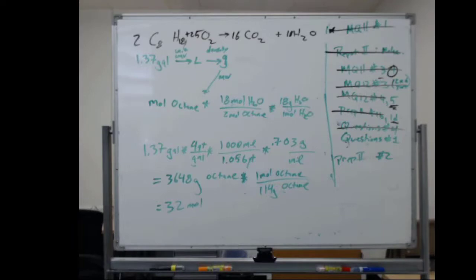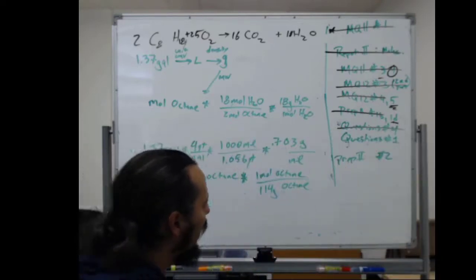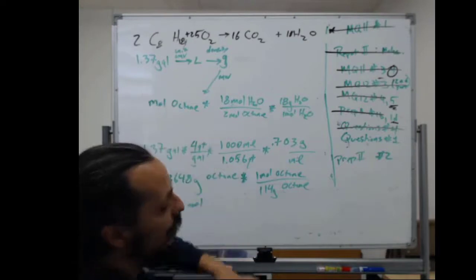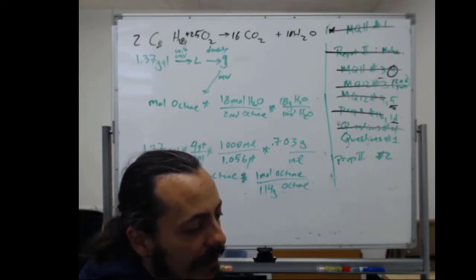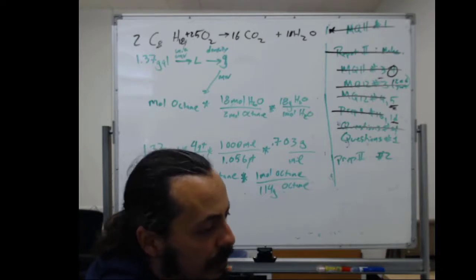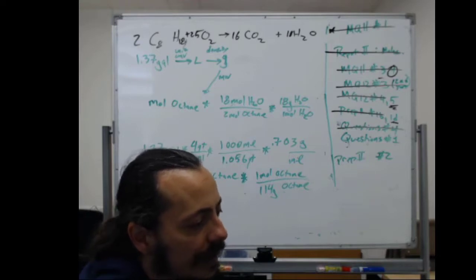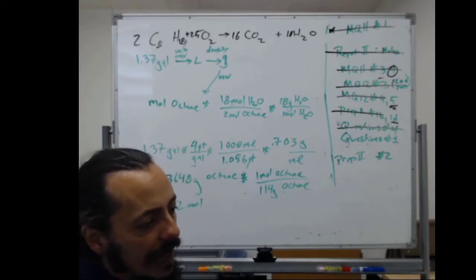At risk of sounding repetitive, this one is just like the other problems we've done, right? So this is going to be the same idea of molarity and milliliters to moles, using the mole ratio from the chemical equation to get the moles of the other thing, and then converting back to a molarity.